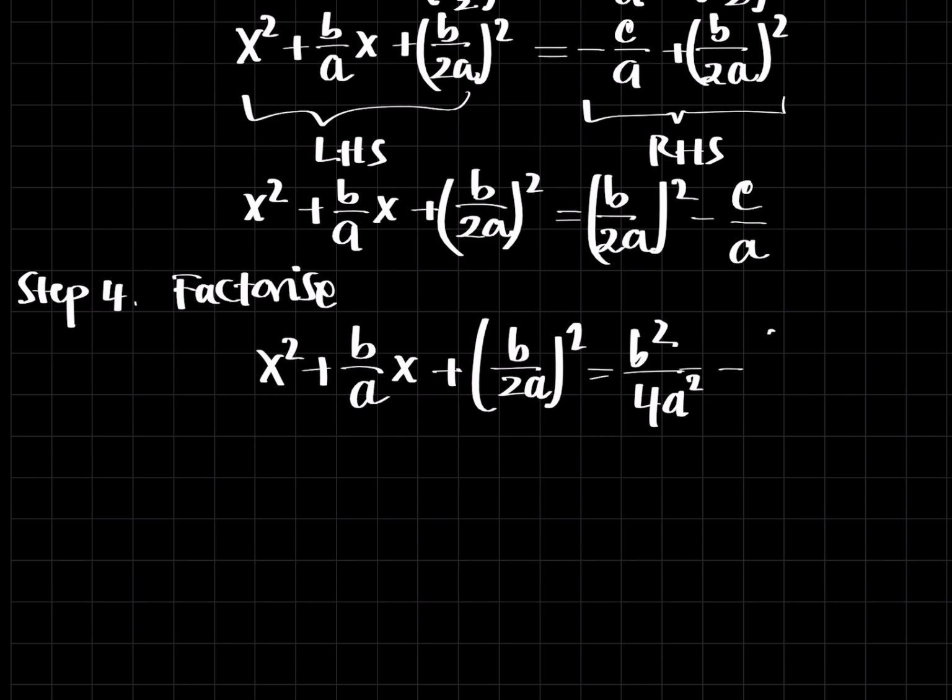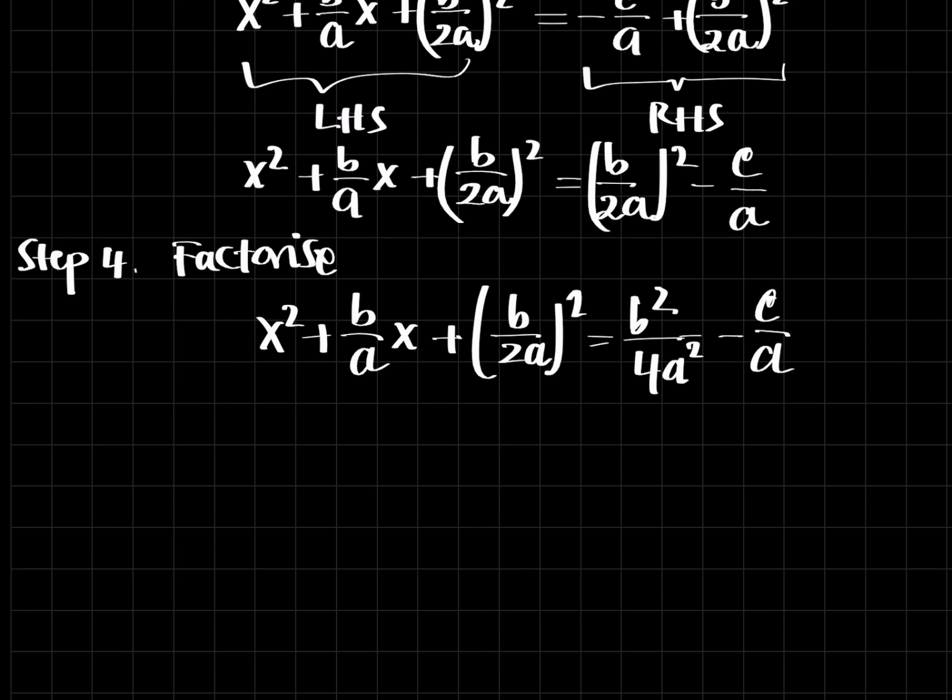Now what I can see here is, on the left side I have to factorize, and on the right side I have to simplify. So here I can factorize and simplify.